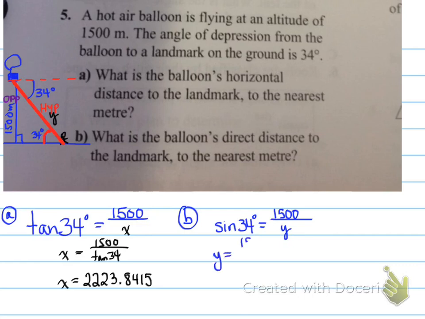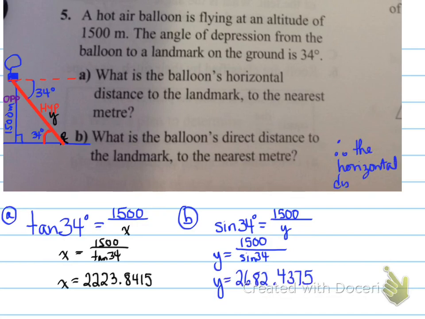So y is equal to 1500 divided by sine 34. The reason why is the unknown is on the bottom, so we need to divide. 1500 divided by sine 34 is equal to 2682.4375. So, therefore, the horizontal distance is 2,224 meters, and the direct distance is 2,682 meters.